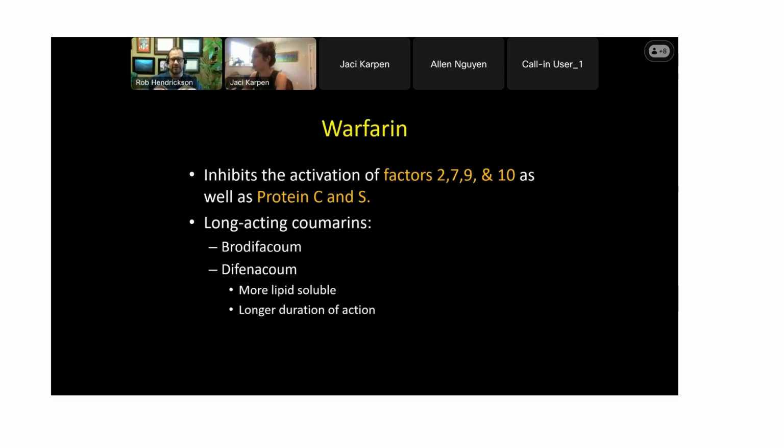Okay, so warfarin, thank goodness, being used less and less. It inhibits activation of factors 2, 7, 9, 10 and proteins C and S. There's warfarin, and then there's the long-acting coumarins like brodifacoum and difenacoum. There's a whole bunch of others that have been historically used in rodent poisons.